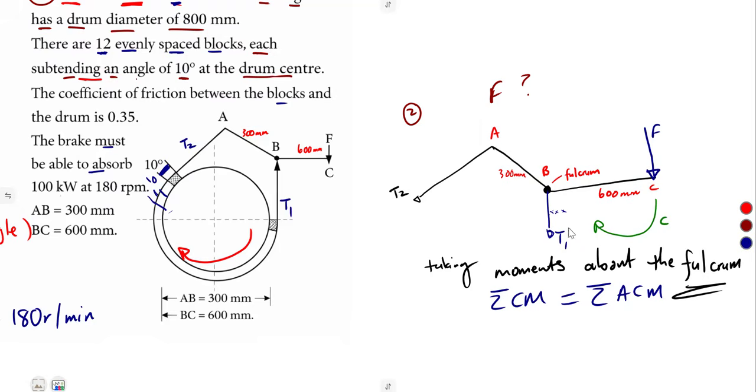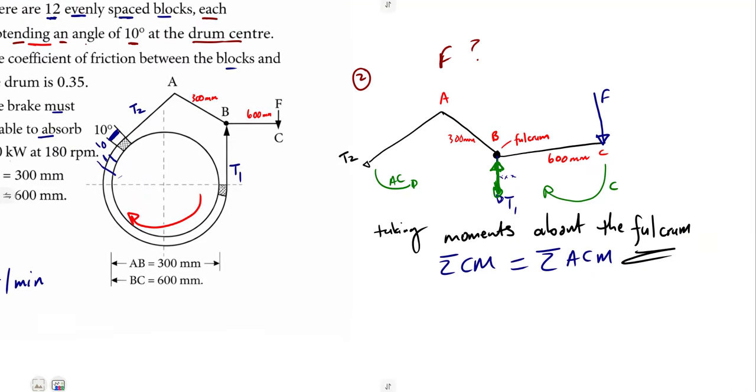Then T1 cannot be considered, guys, because it is on the reference point where we are taking our moments about. So there is nothing that is going to happen on T1. So you consider T2. Which direction is it going to move back to the fulcrum? It's going this way, anti-clockwise. So T2 is the one for the anti-clockwise. So that's it. Those are the only two to be considered. So you now use the formula: F times the distance back to the fulcrum, the moments now.